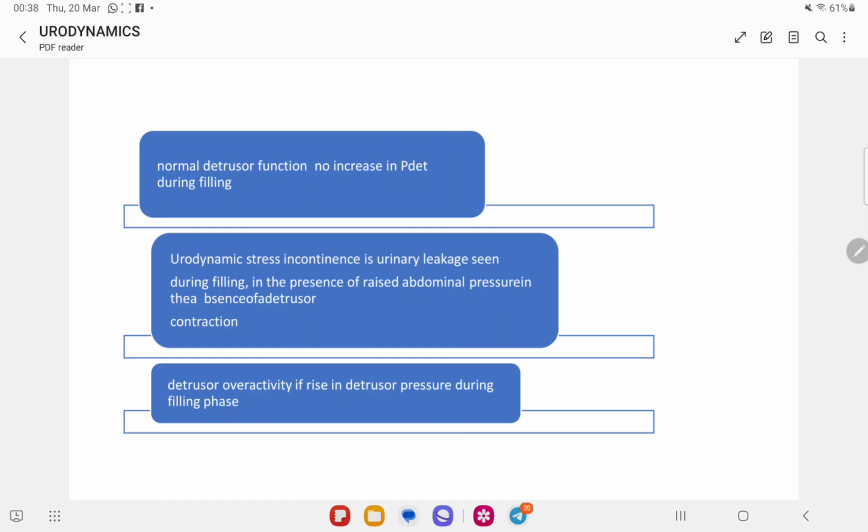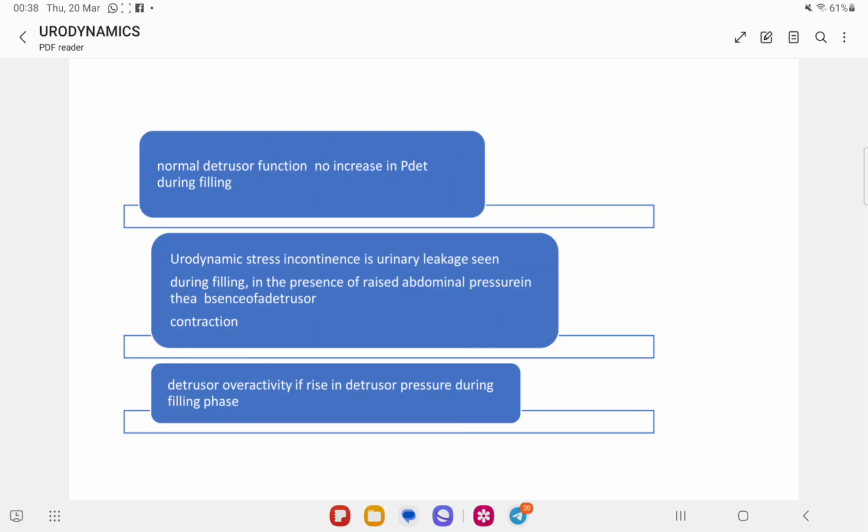During the filling phase, meaning when the bladder is filling, the detrusor pressure should never rise. If the detrusor pressure is rising during the filling phase, it is not normal and this is called detrusor overactivity.